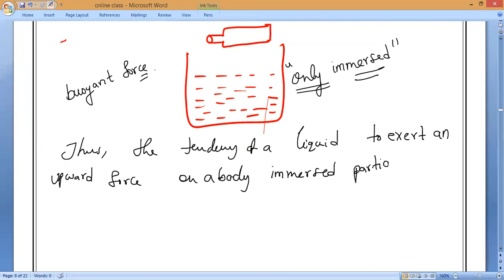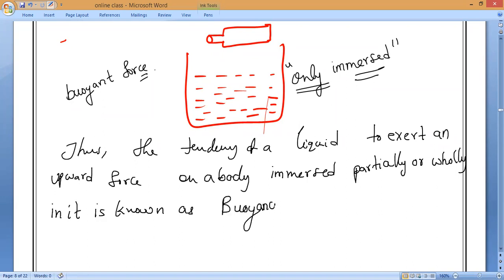Partially also it will be exerting. Partially or wholly, we can say. Wholly means fully. That in it is known as buoyancy.